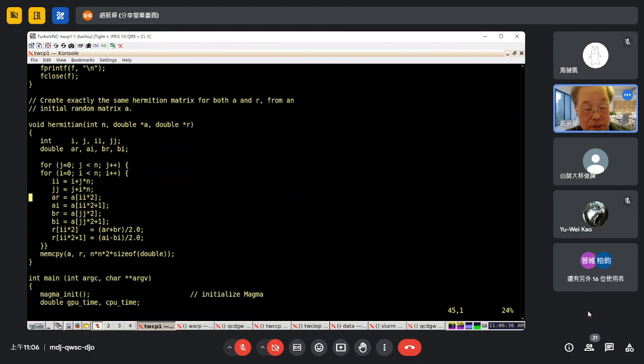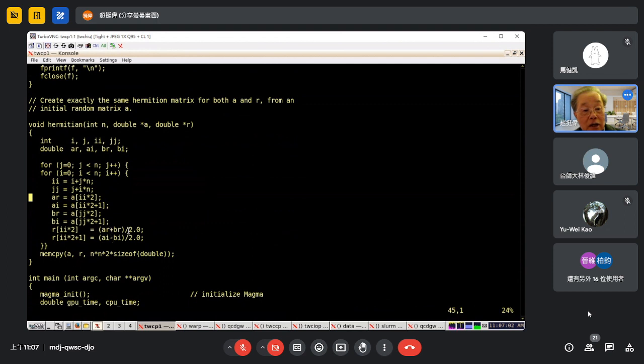You get a new matrix, and this new matrix is Hermitian. So this operation here is the same as that, and I obtain this matrix R.